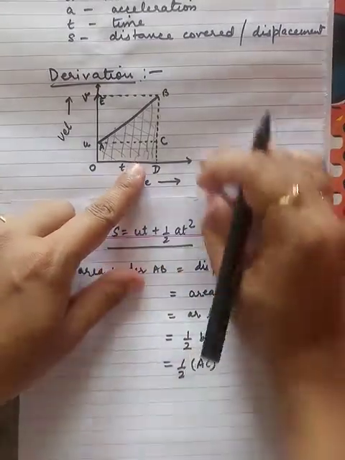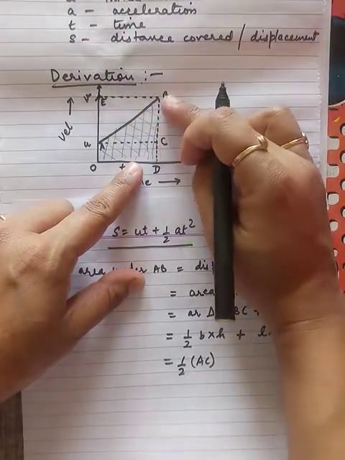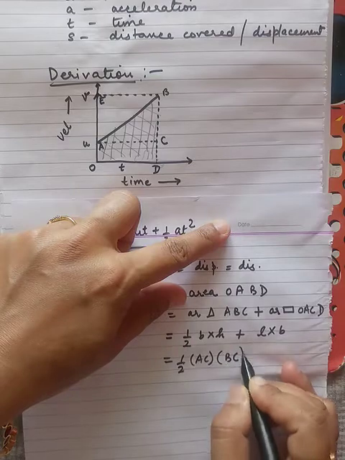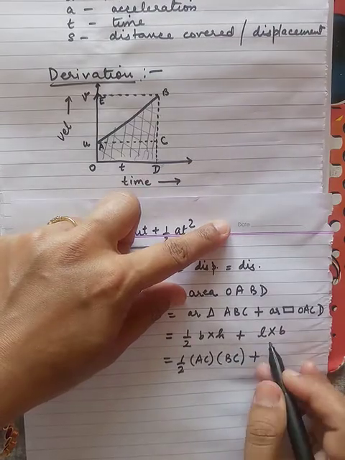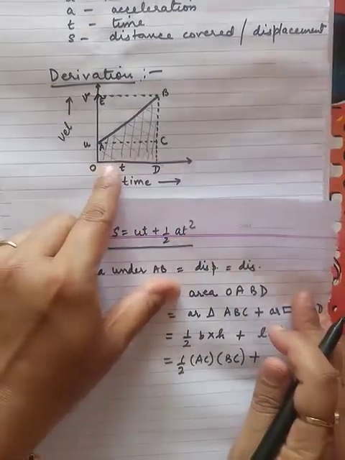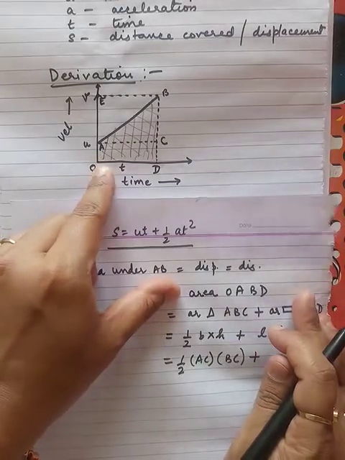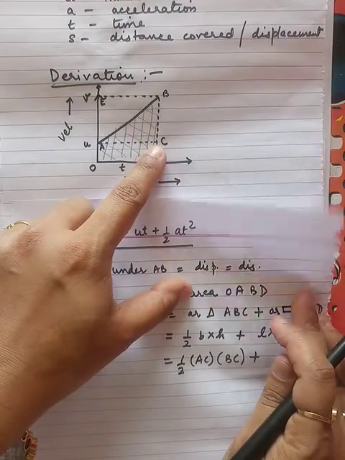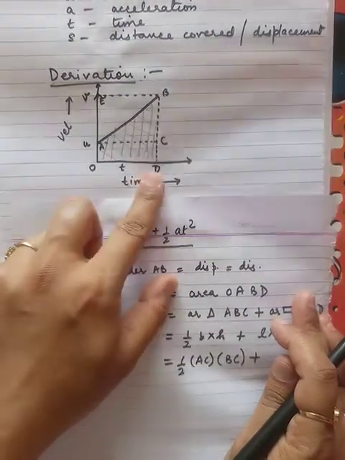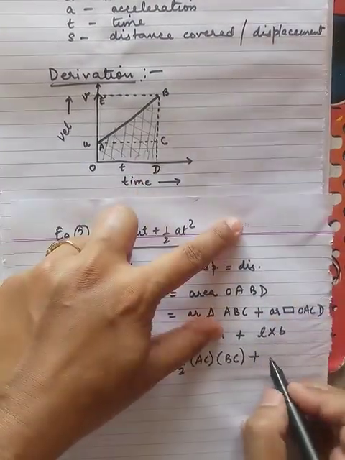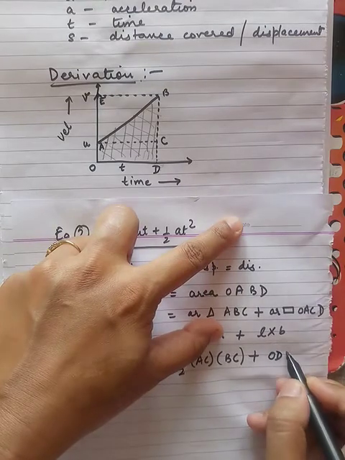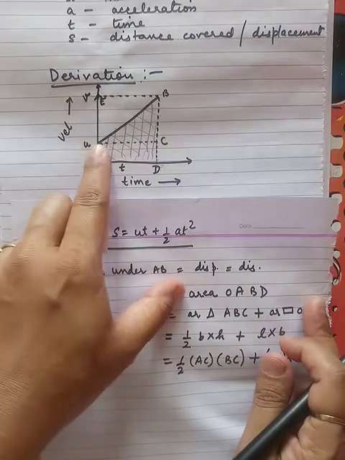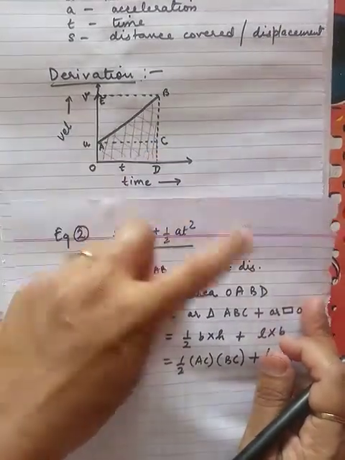What is the height? Height is this one, that is BC. So I will write BC plus, what is the length of the rectangle? Rectangle is OACD. So OD you can write, or you can write AC also. Anything you can write. So I am writing it over here OD. OD is the length multiplied by breadth. Breadth is OA or CD. So we can write OA.